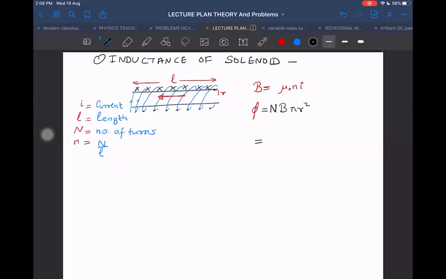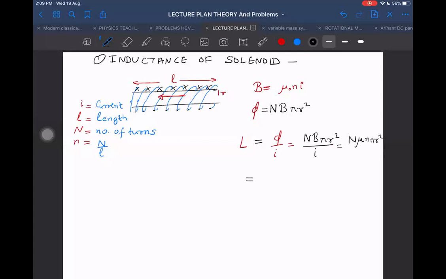But I want to find out the inductance, and we know inductance is just phi divided by I. Let us write the value of phi, and we get the answer. N into B into pi R square upon I, which is N into mu naught into N into pi R square.